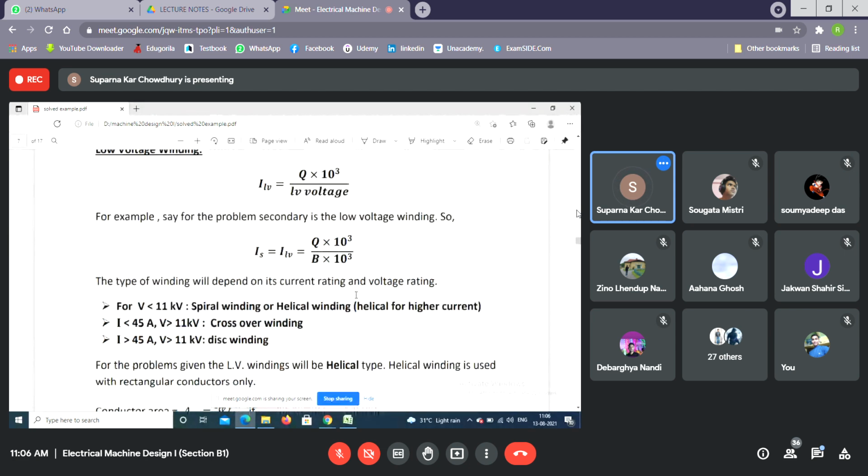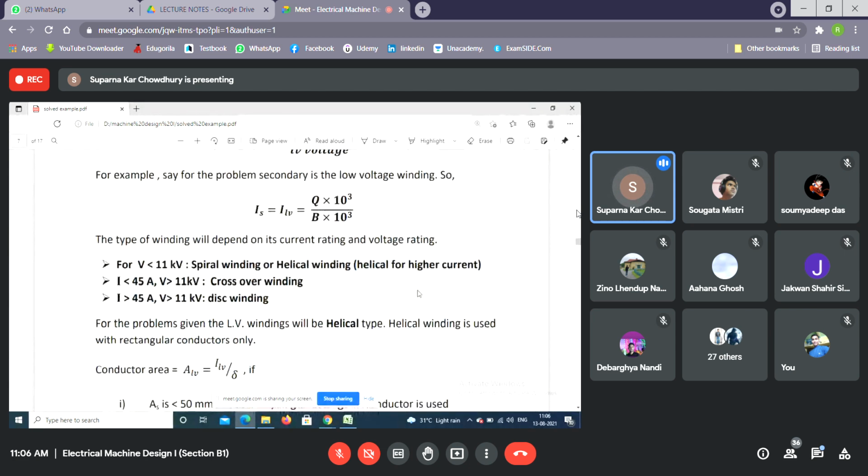Now, what will be the type of the winding? That depends on the winding voltage rating and the current it is carrying. If the voltage is less than 11 kV, spiral or helical winding is used; for higher current, it is normally the helical winding.